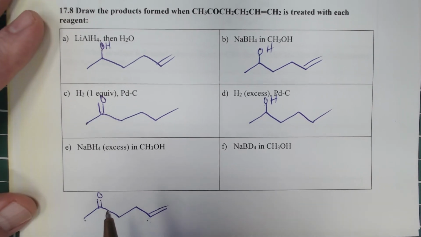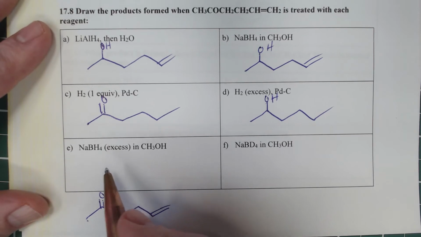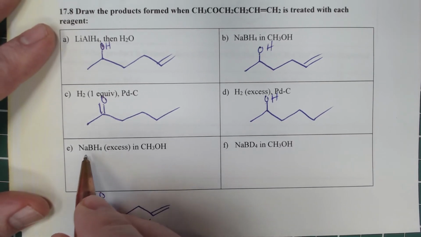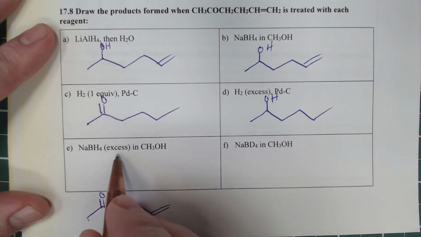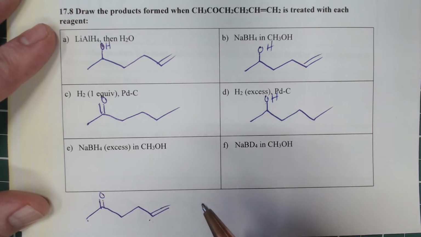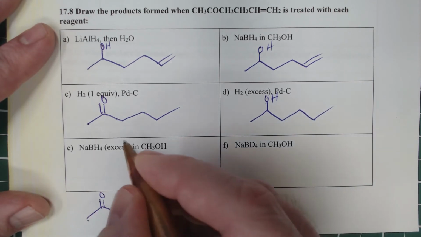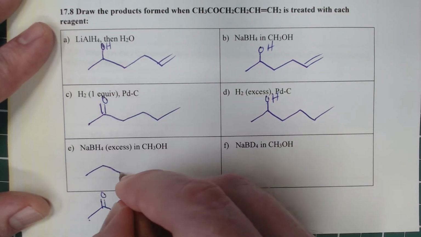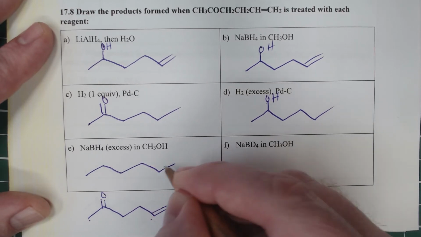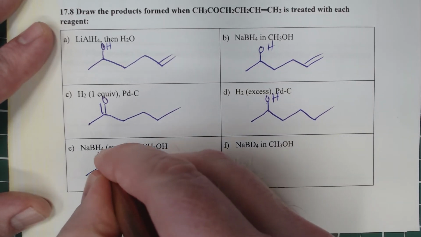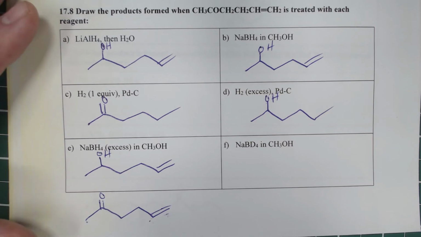Well, this is kind of a trick question, and the trick is that we're using excess. That excess isn't going to do anything to this alkene, so it will simply reduce our ketone to the alcohol. So we're going to get the same product that we did for parts A and B. So we'll get that alcohol.